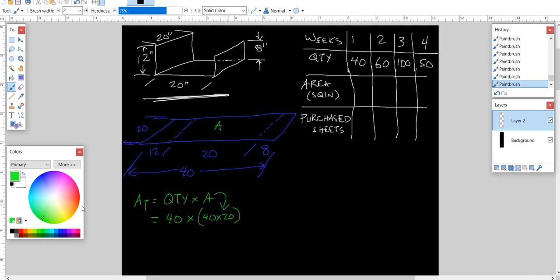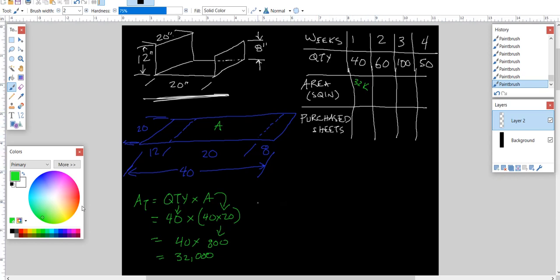So that's my area and that's my quantity. So this equals, well, let's just figure out what this equals. 40 times 20 is equal to 800. And so 40 times 800 is 32,000. Okay, so we know that this is 32,000.